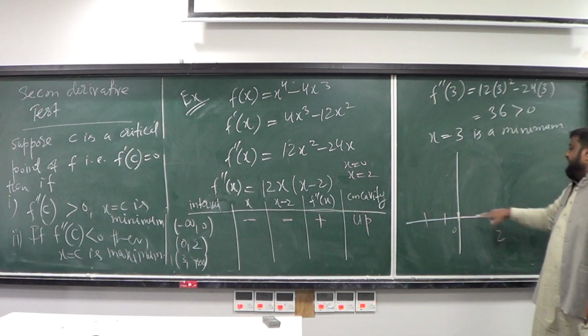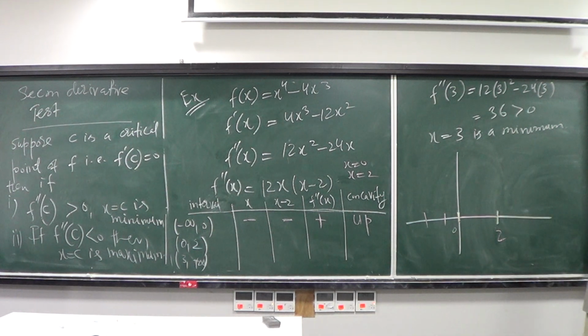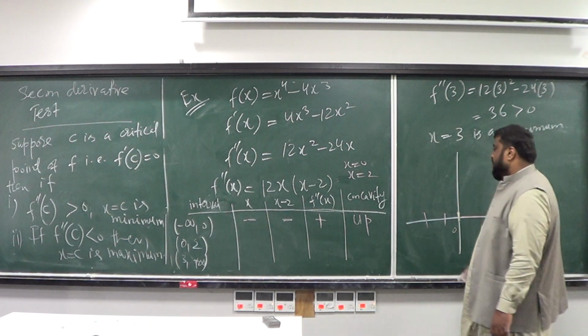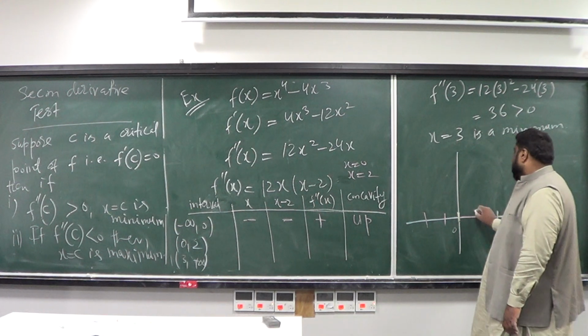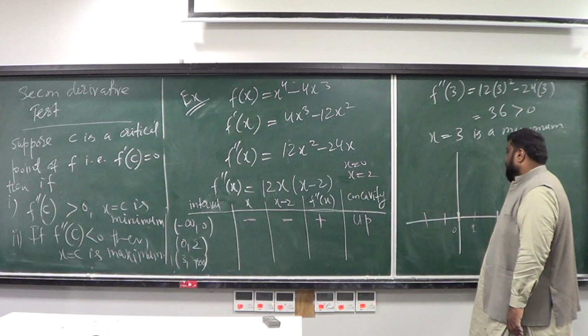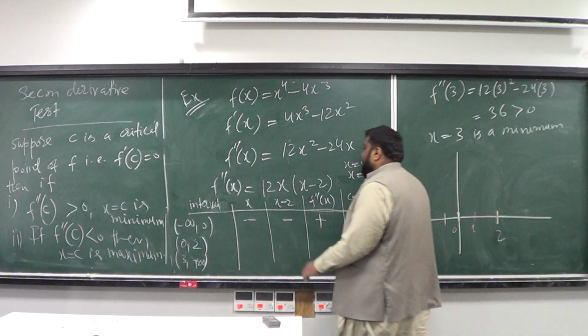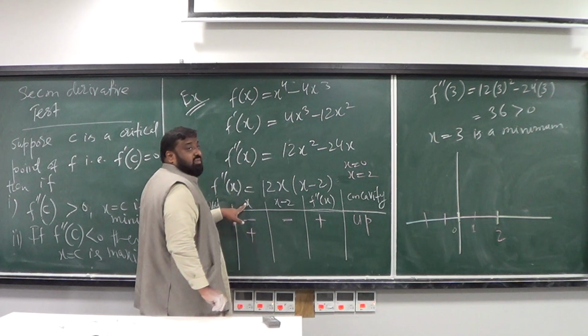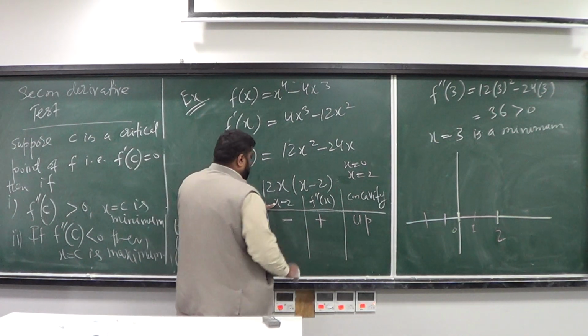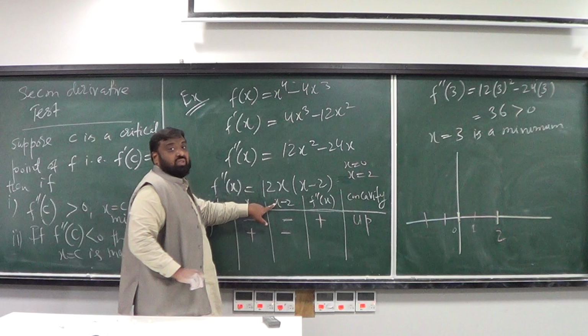So in other words, in this interval, let's take any value between 0 to 2, for example the middle value 1. If I substitute 1 here, this would be a positive number. If I substitute 1 here, this would be a negative number.